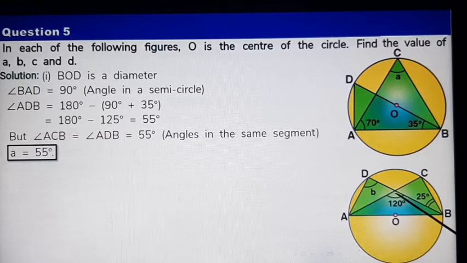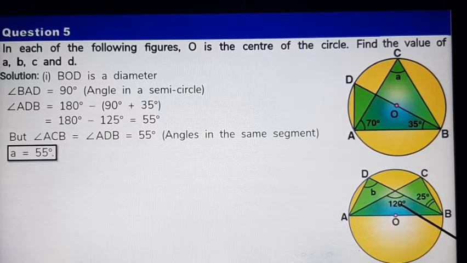I have not written it here, but this point is going to be my point E, the point of intersection of AC and BD. So this angle, BEA, is equal to the sum of this angle and this angle. With this we'll find angle C.